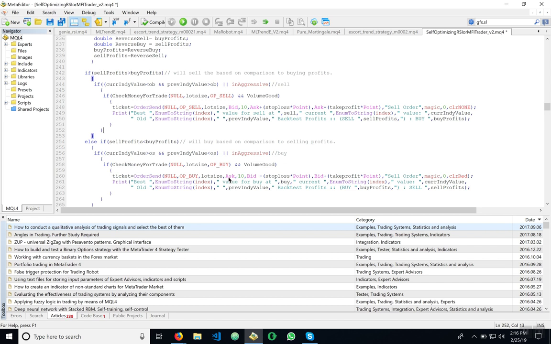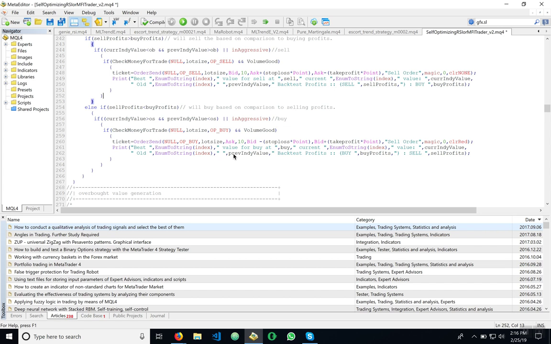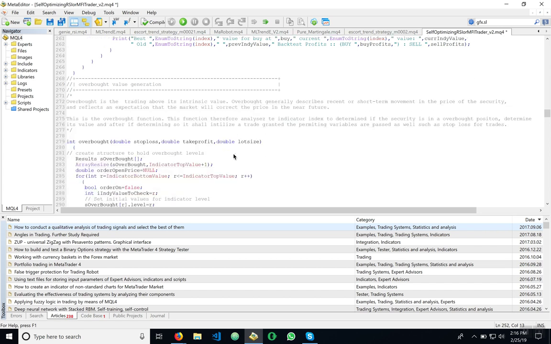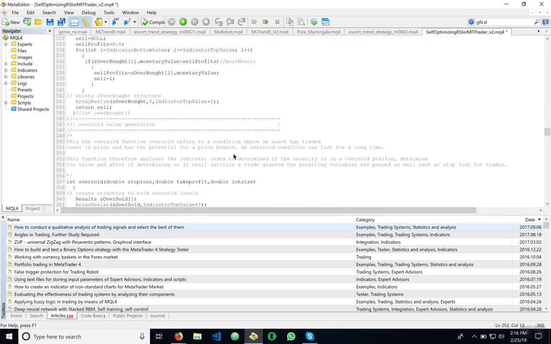And it does this using the overbought or oversold functions that we saw earlier.